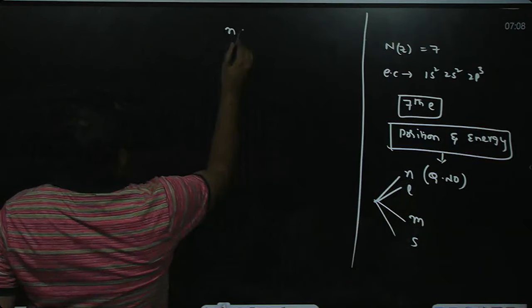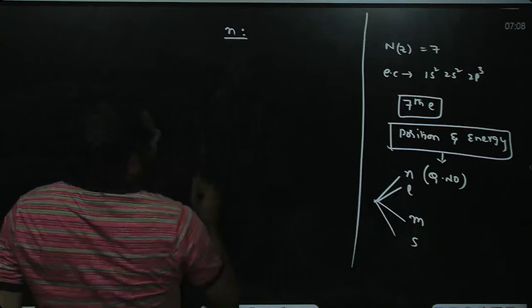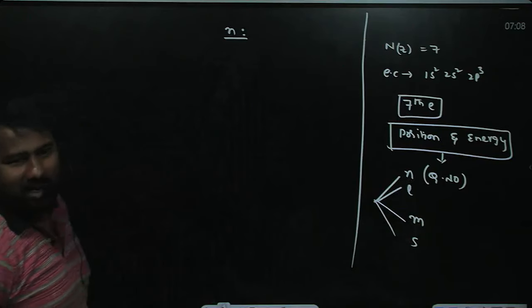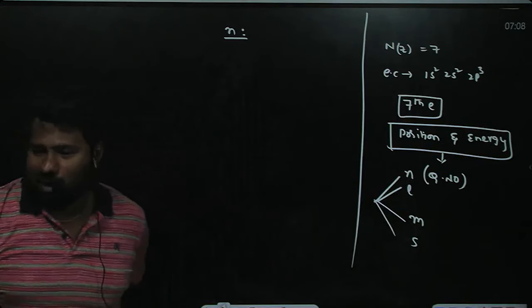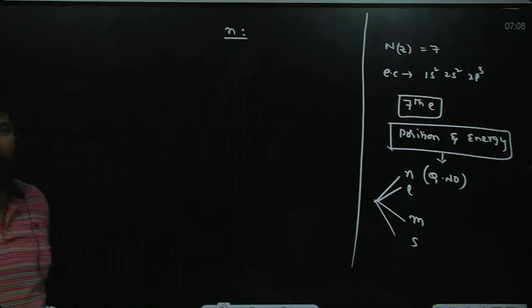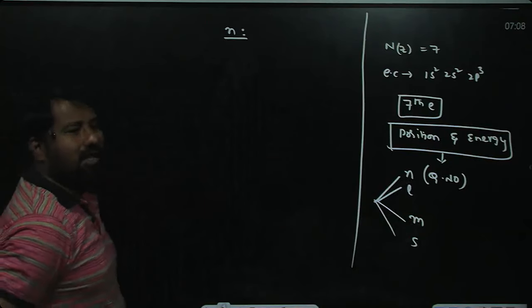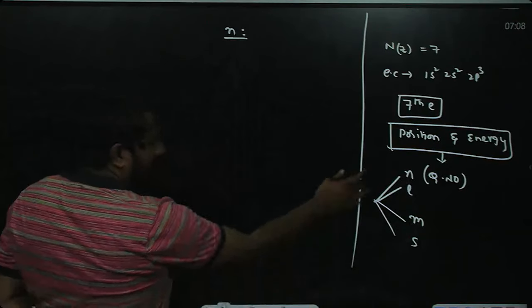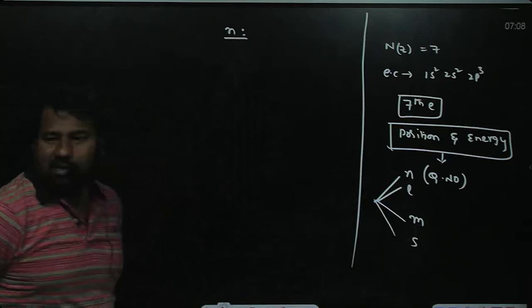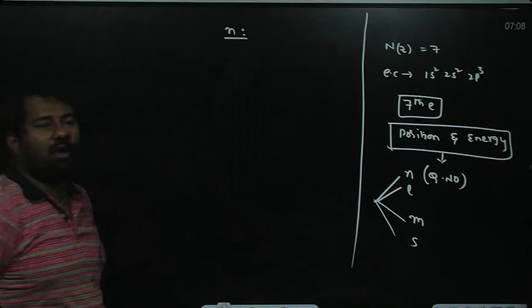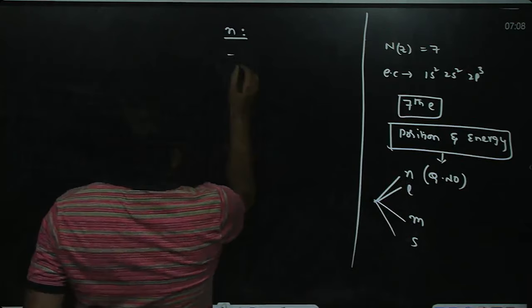First, coming to the principal quantum number. I am not going to write that it was proposed by Bohr. It is denoted with n. The simple thing is, what is the use of n? The principal quantum number represents the orbits.